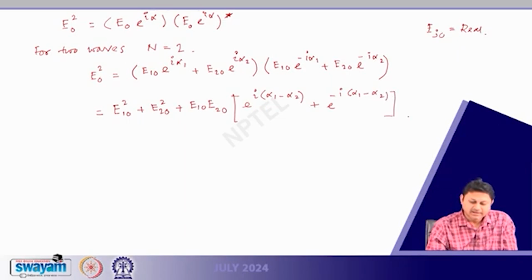It is a straightforward calculation. If I just multiply all these things and then collect all the terms, it will come like this.